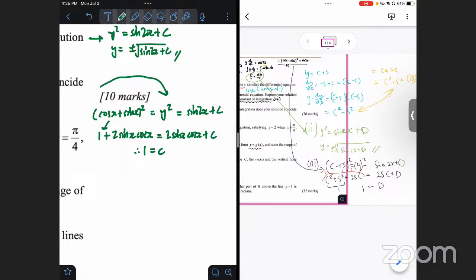Part B. Again, are you sure there are more questions? I'm just doing part B right now, trying to figure out what's going on. I'm very confused, right?